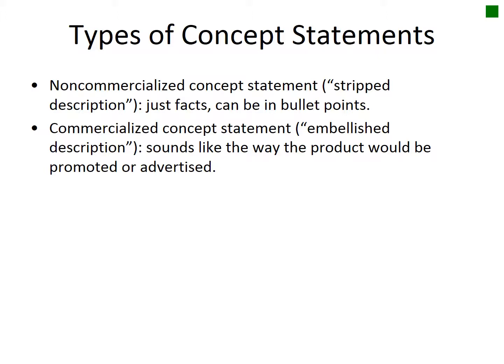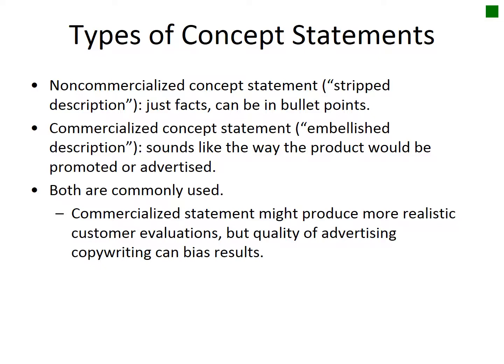What we want is a true and accurate measure of whether the consumer would buy the product or not. But if you have absolutely no commercialization or no discussion of the benefits of the product, then the consumer may just be left flat and might not see why they should buy the product. So a lot of times we'll have a mixture of commercialization, but we want this to be as realistic as possible so that the data is not overstated.